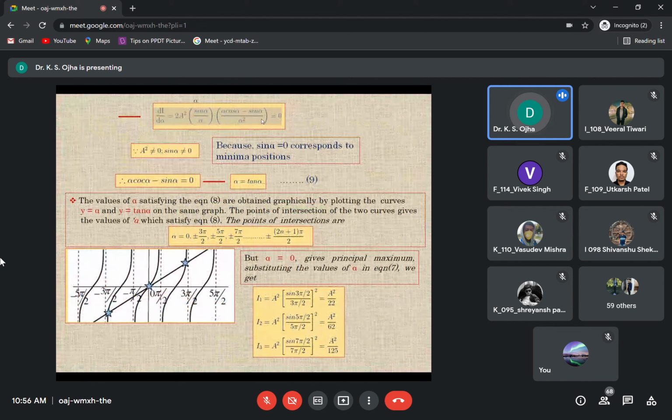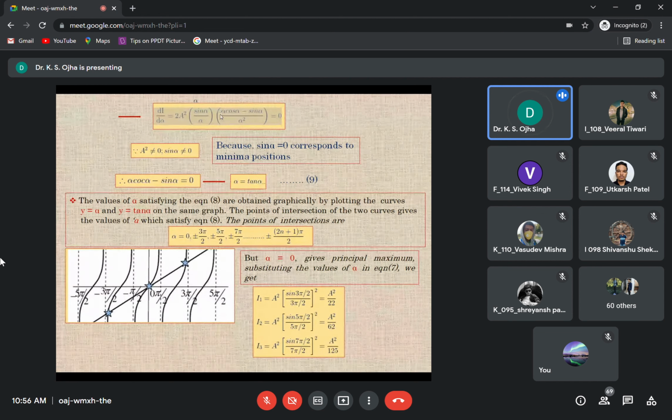From here we get this term. 2 and A are constants, and in sin alpha by alpha, sin alpha equal to 0 is the minimum position and alpha equal to 0 is the principal maximum position. Only this term is left, which will be equal to 0.